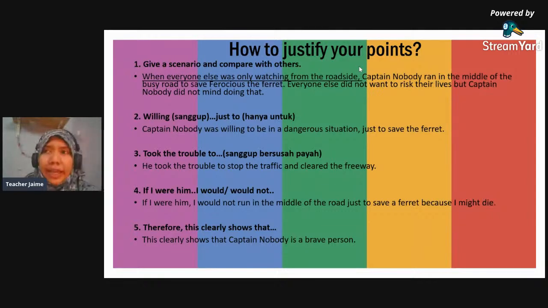You are the one who needs to prove it. Justification means, for example, your father wants to buy a phone for you. Your father asks you to choose a phone, talk about the phone's features, and then justify why he should buy it. So you say, Dad, I want an iPhone 12, because iPhone 12 is like this, like this, like this.